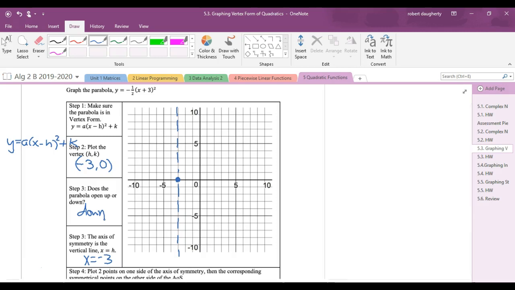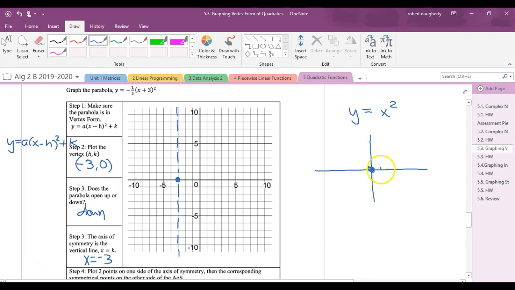Now, a couple of choices of the way to do this. You can plug in a couple of points on either side, get the mirrored points, you're good. The other thing that you can do is look at y equal x squared. Everyone agree that one started out at 0, 0, right?